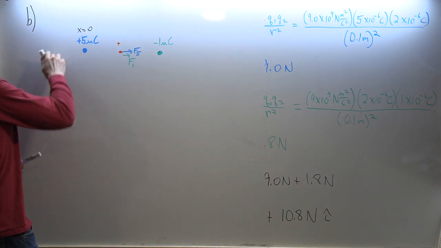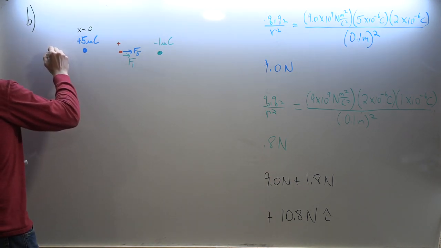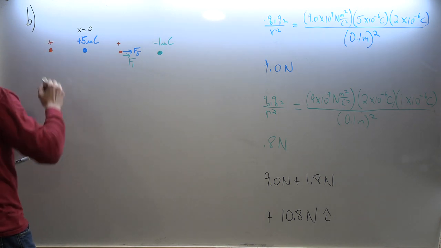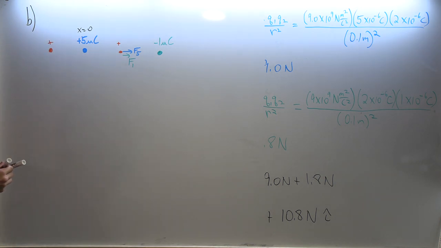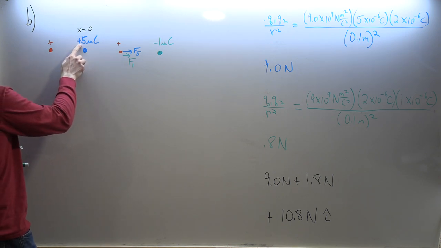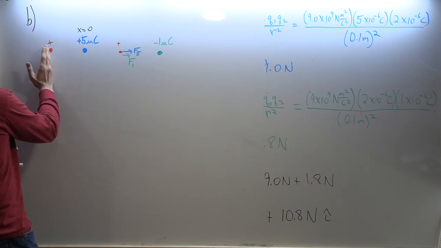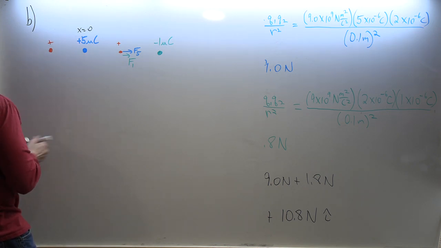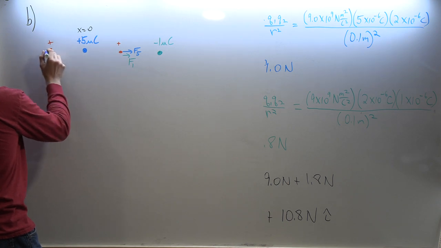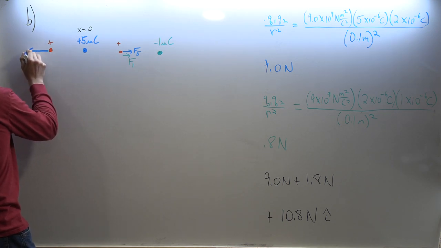Let's try over here. So I put the positive charge here, the positive 2 microcoulombs. Positive, positive, repels away. So this 5, which I drew in blue, will go this way.